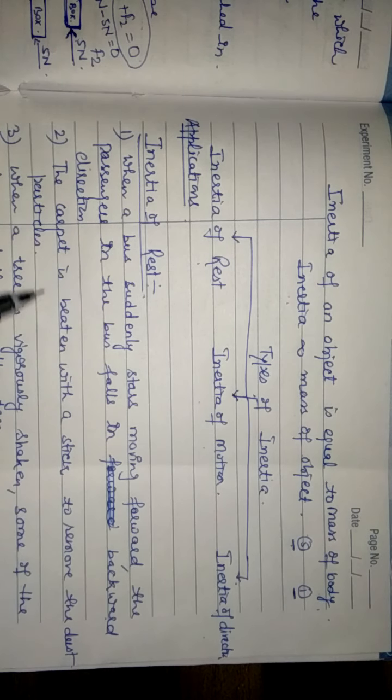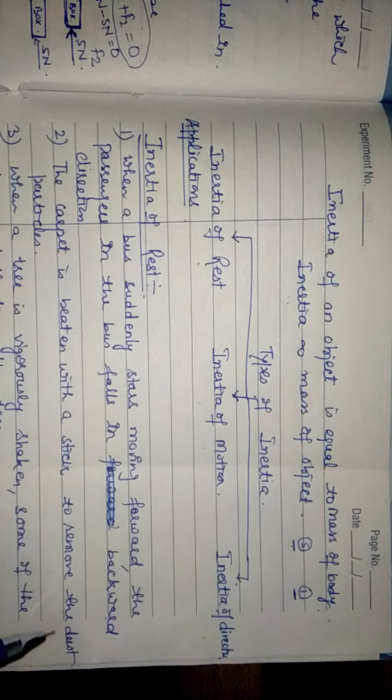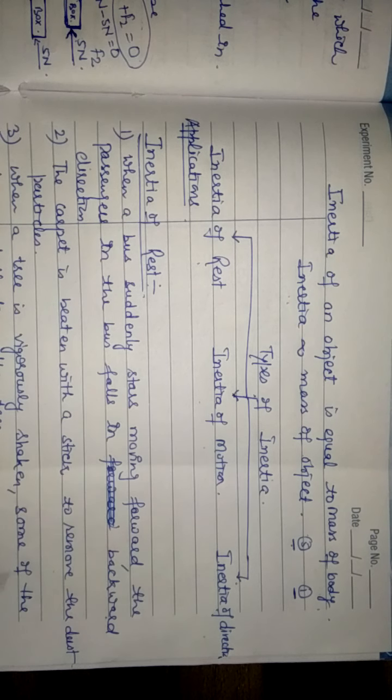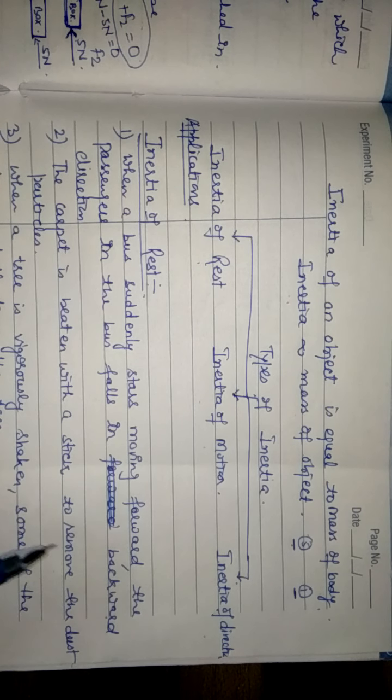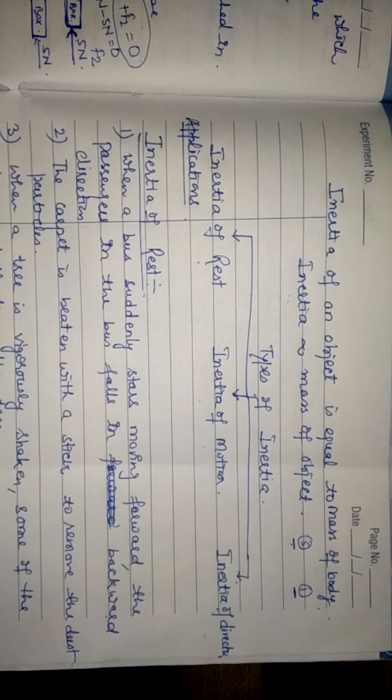Second application: a carpet is beaten with a stick to remove the dust particles, because the dust particles are at rest, and when we beat the carpet, the fibers come into motion, while the dust particles trapped inside the fibers remain at rest. That's why the dust particles come out.